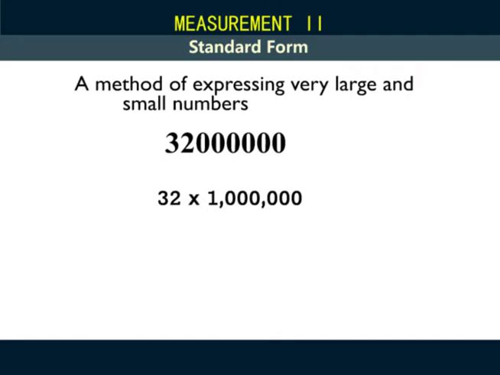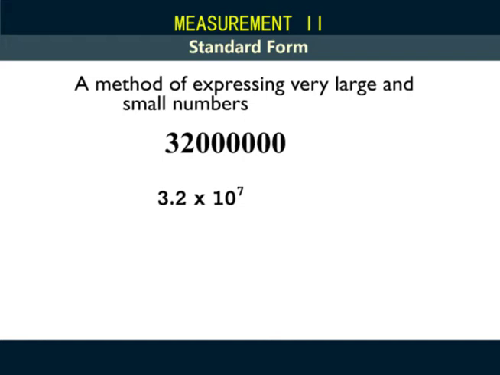In fact, this number is similar to 3.2 times 10 million, right? Right. The figure 10 million can be written in exponential form as 10 raised to power 7, or 10 multiplied with itself 7 times. So our number can be written as 3.2 times 10 to power 7.